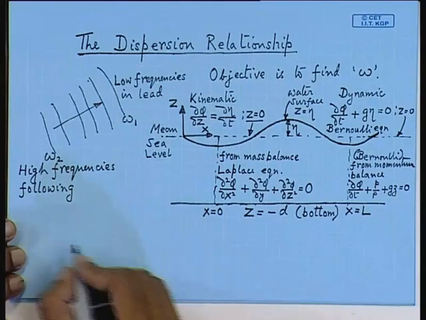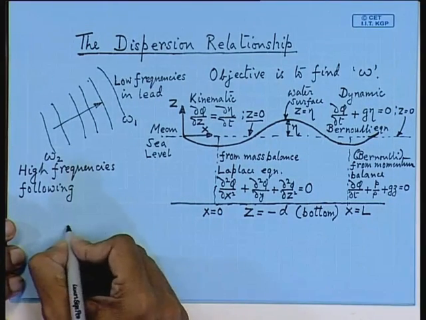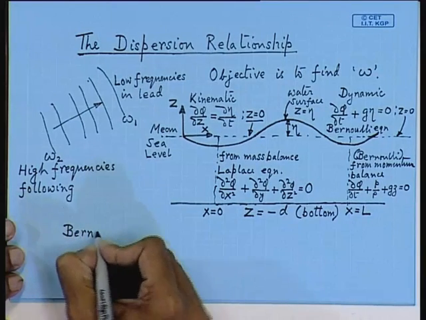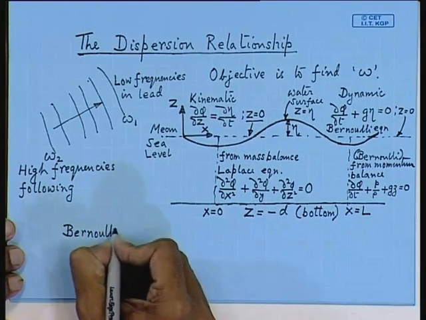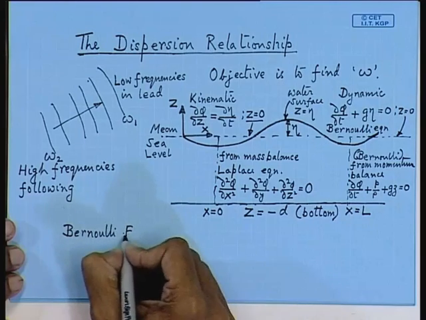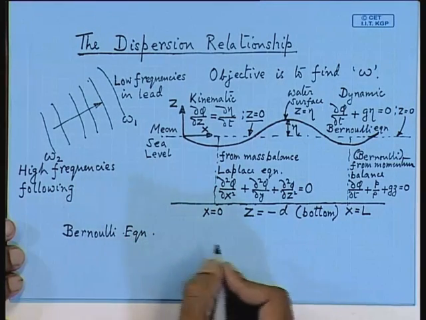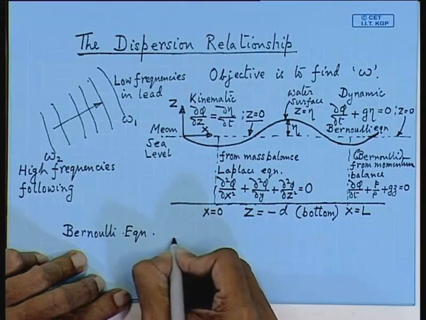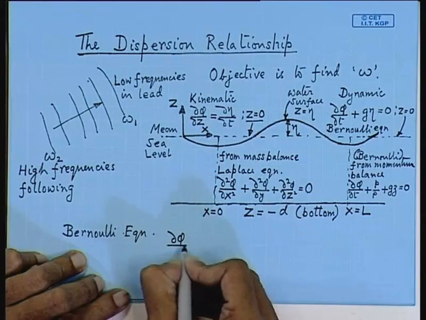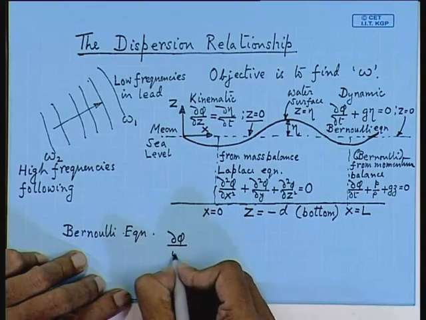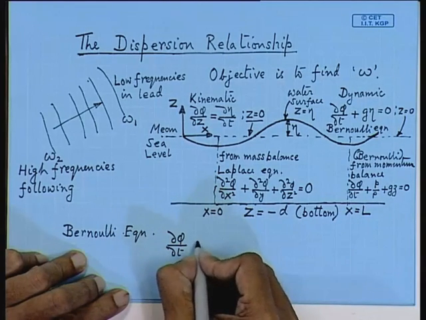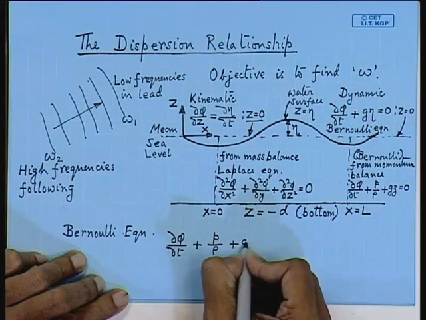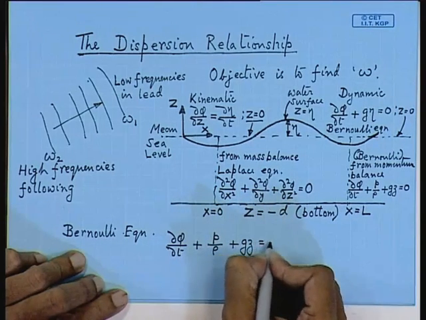So, you come to this Bernoulli equation, which gives us del phi over del t plus P by rho plus g z equals 0.